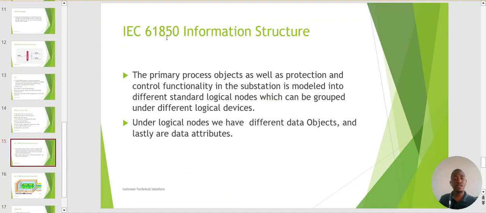And then the IEC 61850 information structure. The primary process object as well as the protection and control functionality in the substation is modeled into different standard logical nodes which can be grouped under different logical devices. Under logical node, we have different data objects, and lastly data attributes.